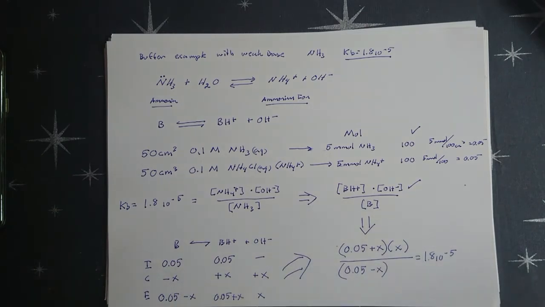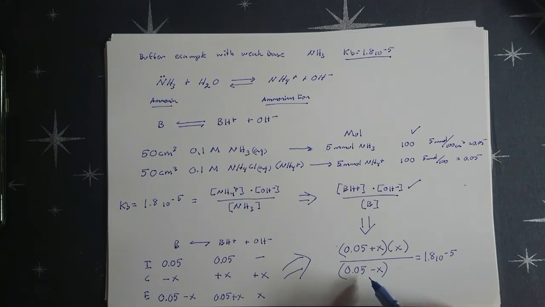Now, depending on how we approach this problem from this point, we have to think: is this X going to affect this concentration very significantly? Is this X going to affect this concentration significantly?